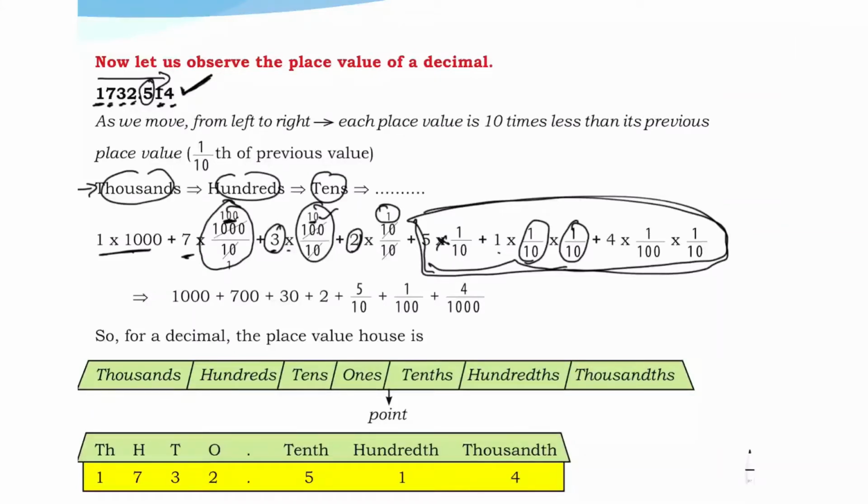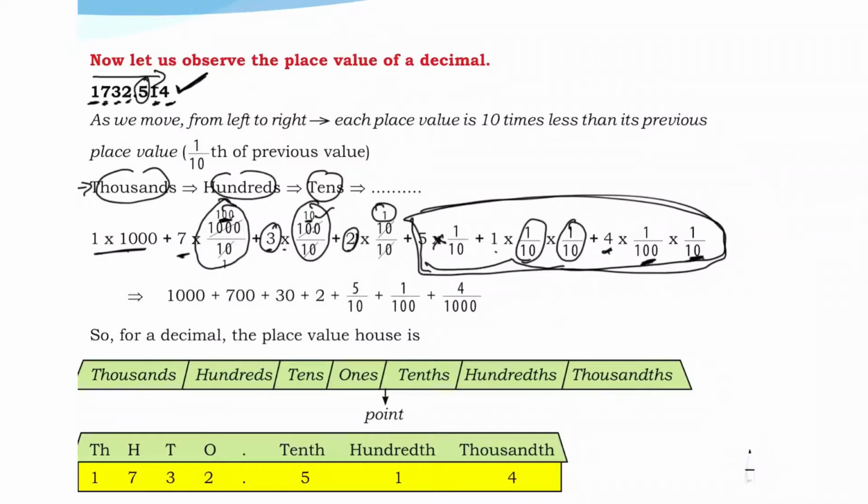And then finally we have 4. 4 becomes 4 into 1 by 100 into 1 by 10. That means it is again 1/10 of the previous place value, which is 1 by 100. So this can be written as 1000 plus 700 plus 30 plus 2 plus 5 by 10 plus 1 by 100 plus 4 by 1000. This is how you can write this decimal number in its expanded form.